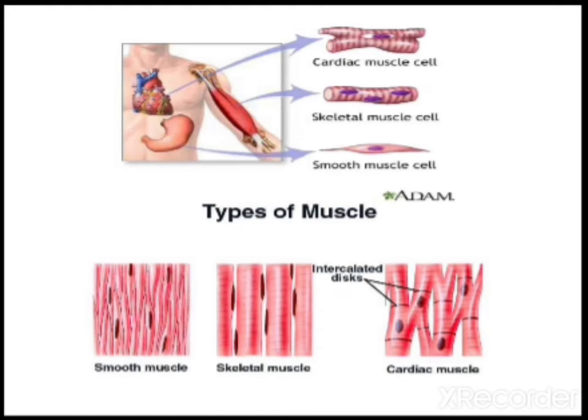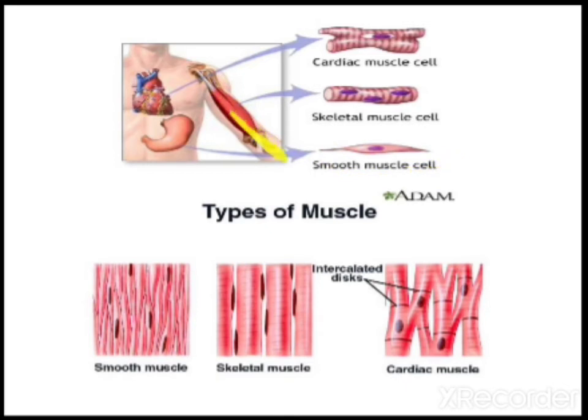So here, see the diagram. Smooth muscle cell, how it is spindle shaped. Skeletal muscle cell with striations. Cardiac muscle cells have striations looking like skeletal muscle but behave like smooth muscle. Can you see? Skeletal muscle is multinucleated, while smooth muscle is uninucleated.